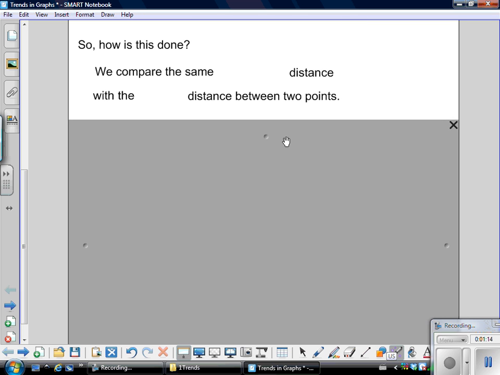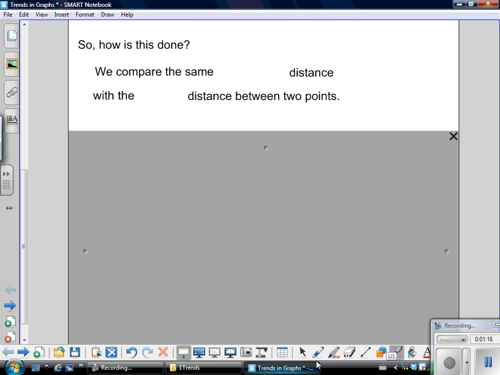First of all, what we're doing is comparing the same horizontal distance with the vertical distance between 2 points.